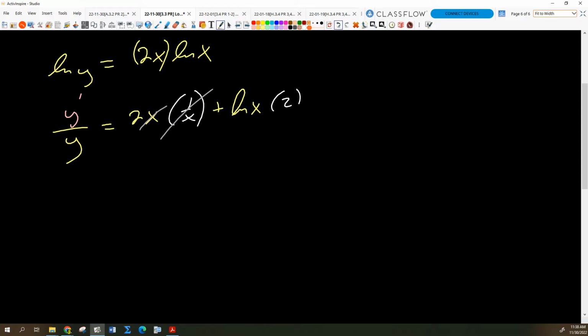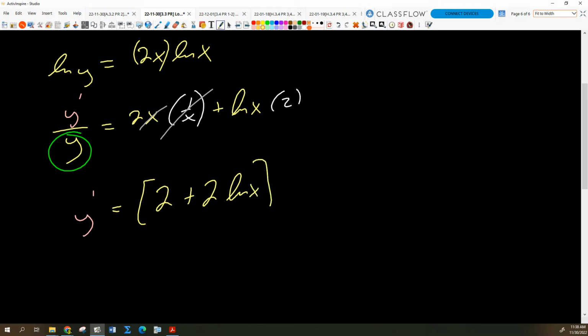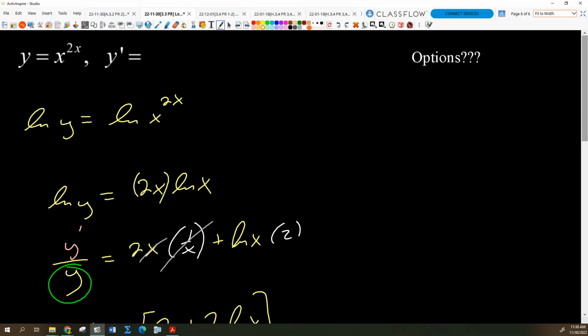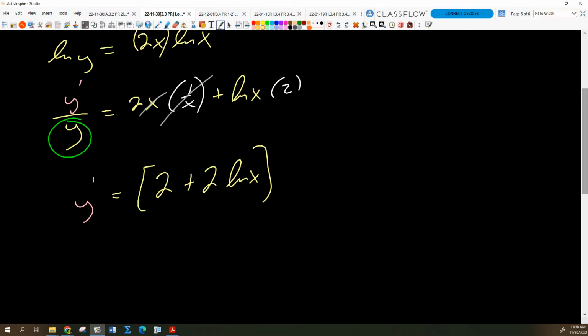And so if I multiply each side through by y, I'm going to get y prime equals 2 plus 2 log x times y. And what was y? y was originally defined as x to the 2x. And I guess we could pull a 2 out of that also.